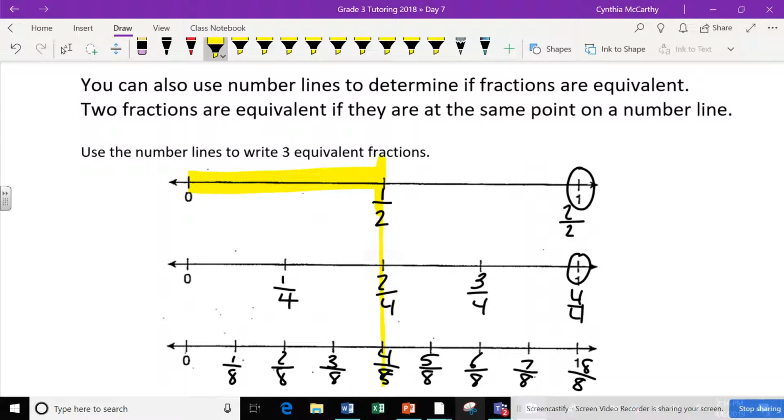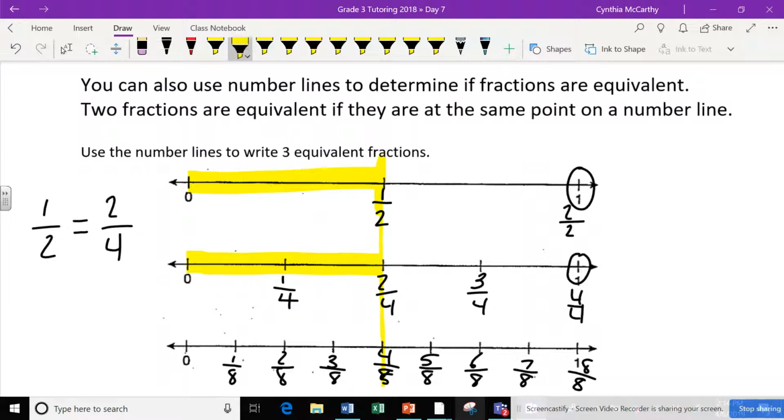If I shade across, I can see that 1/2 is equivalent or the same as 2/4. It looks like this. 1/2 is equivalent or the same as 2/4.